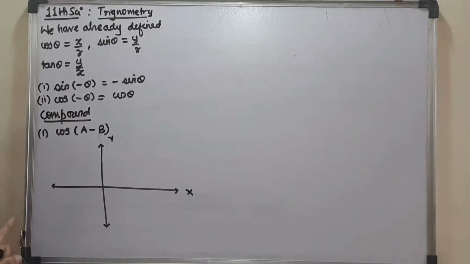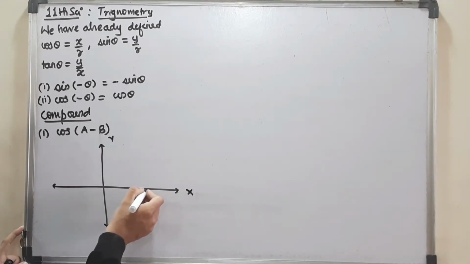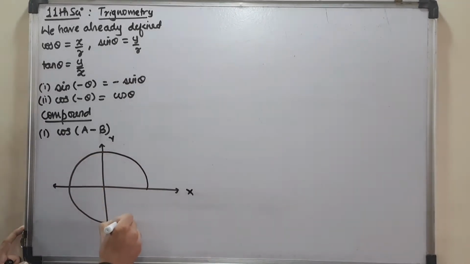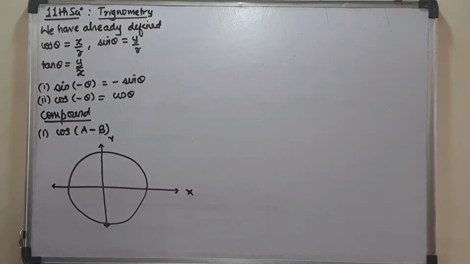So here I will have the center and I am taking some radius. Let the radius be r. If you want to keep the figure very clear, don't draw the circle. Let it be very clear.